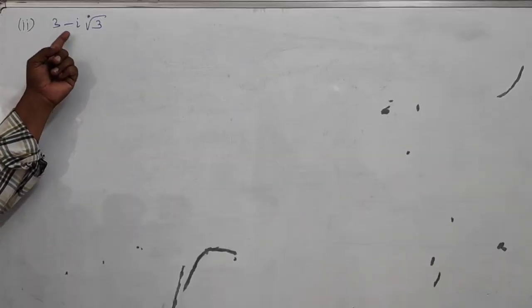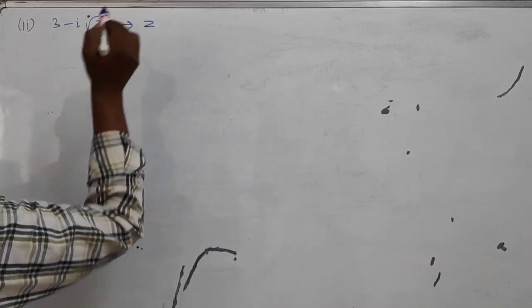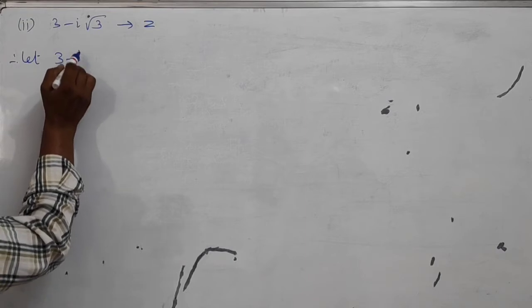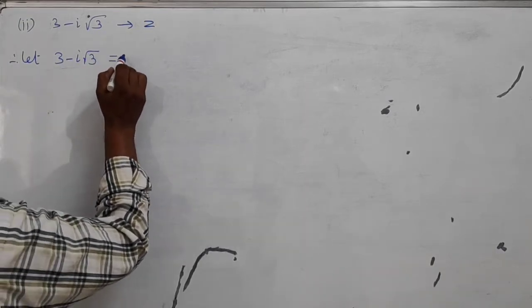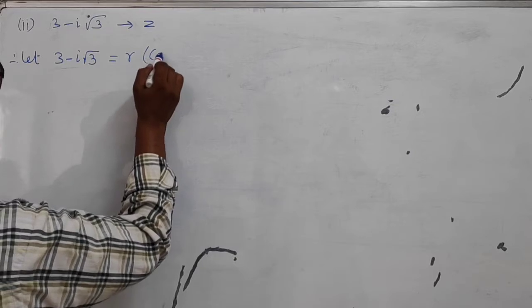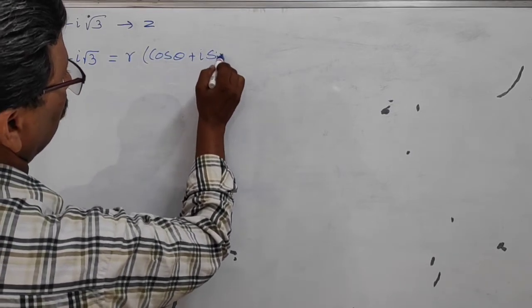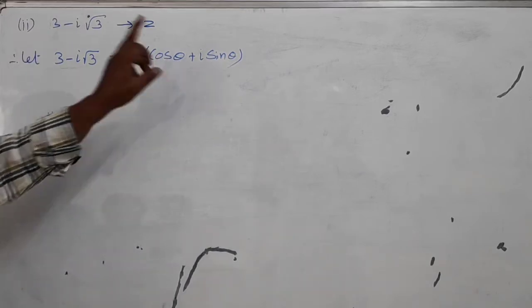Likewise, 3 minus i root 3. Consider this complex number as z. Let 3 minus i root 3 be equal to r into cos theta plus i sin theta. Here we need to find the values of r and theta.